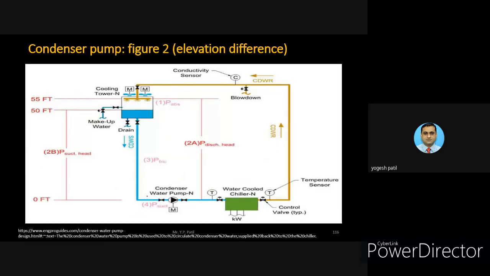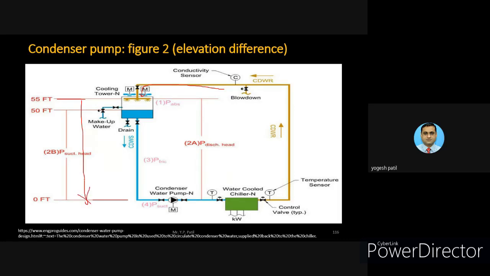This is another arrangement where you can see that there is an elevation difference between this pump and two types of differences. So this is where the input from the chiller will enter the cooling tower tank, and from there to the pump that is arranged over here.